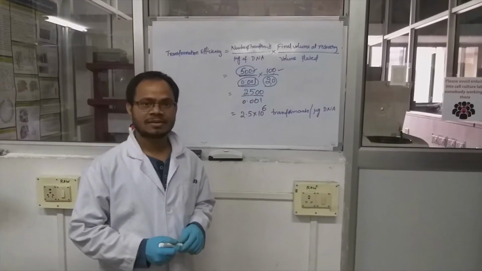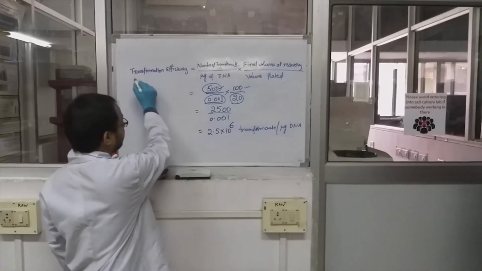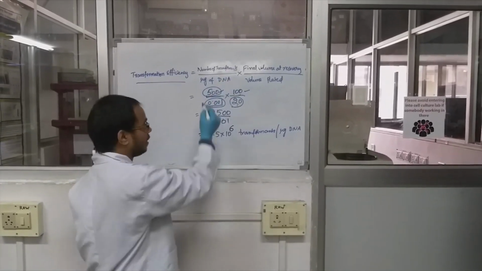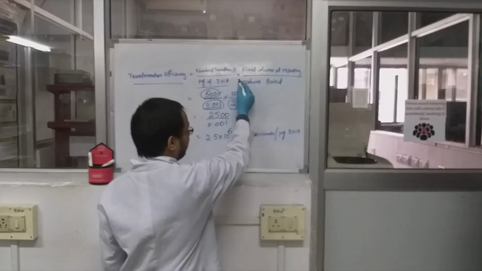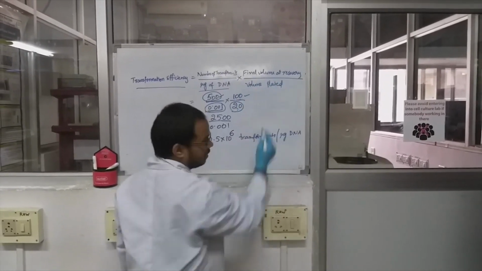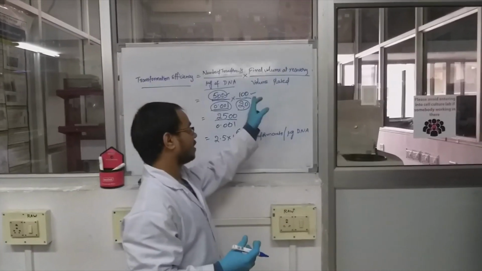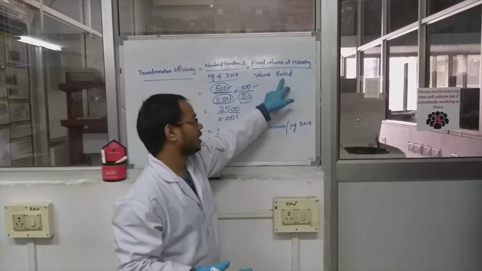Now we will calculate the transformation efficiency. There is a formula for transformation efficiency: the number of colonies you got on that plate, divided by the micrograms of DNA you used, multiplied by the final volume at recovery, how much volume you recovered, that is 100 microliter or based on your choice, divided by how much volume plated.